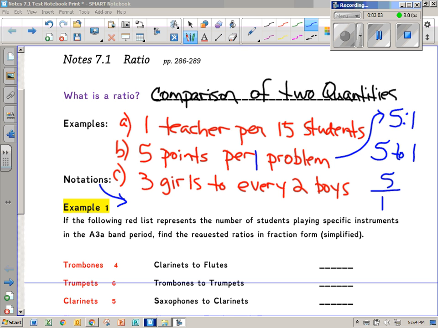This is one of those examples right here in particular where you would not simplify this fraction. If you simplify it, you would just have the number 5. The number by itself is not a ratio. A ratio has to compare two quantities. All right, let's do that last one.